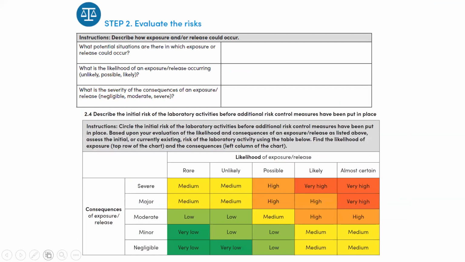They ask what potential situations there are in which exposure or release could occur. Contamination of surfaces is the number one situation where exposure or release could occur. There's not a whole lot of liquid being handled. Basically, it's going to be the dropping of a swab or something similar.